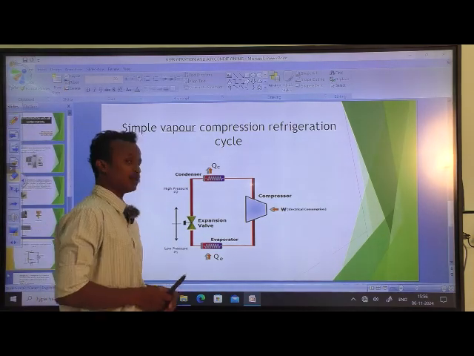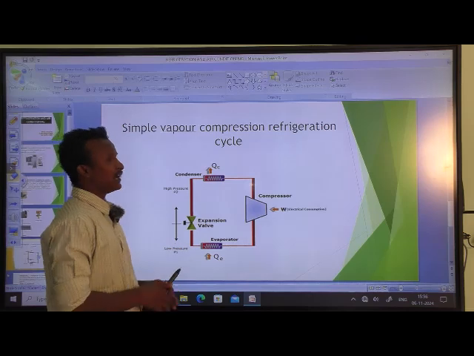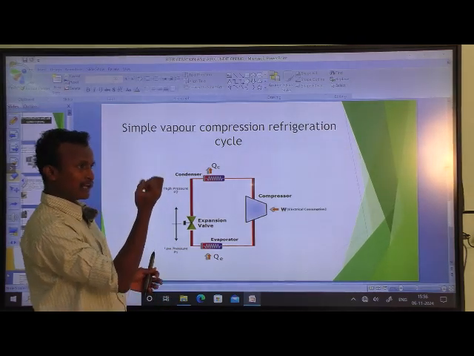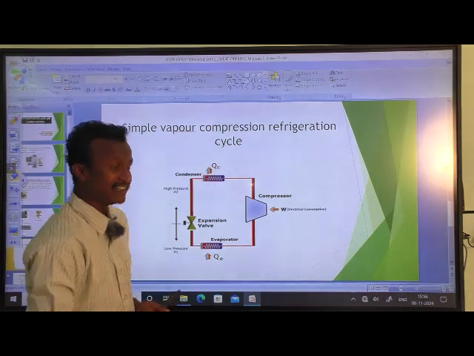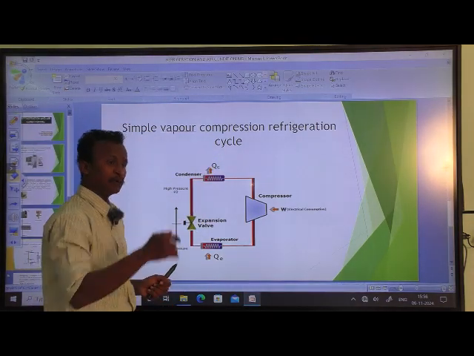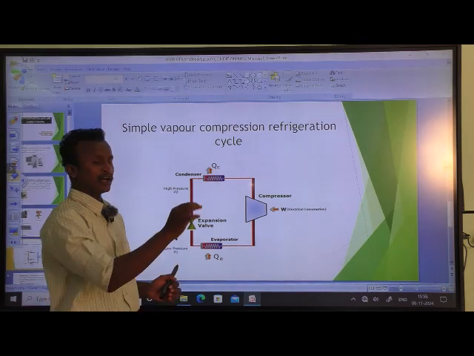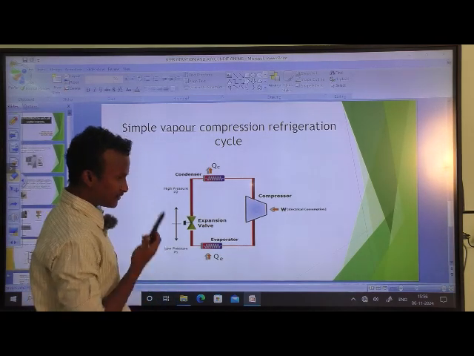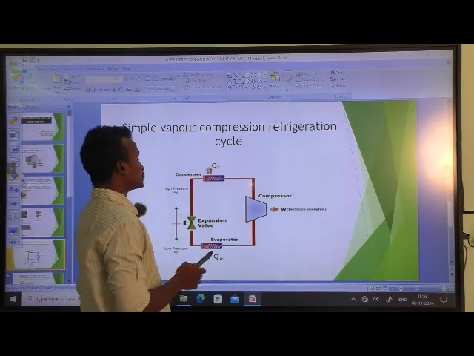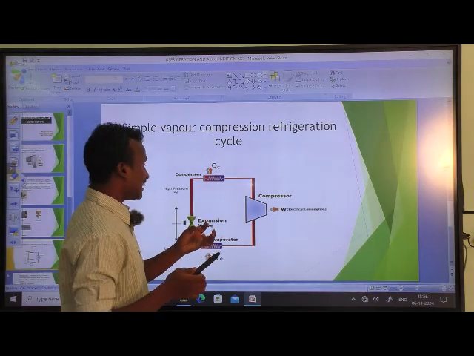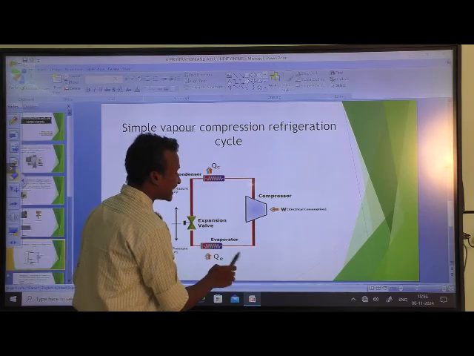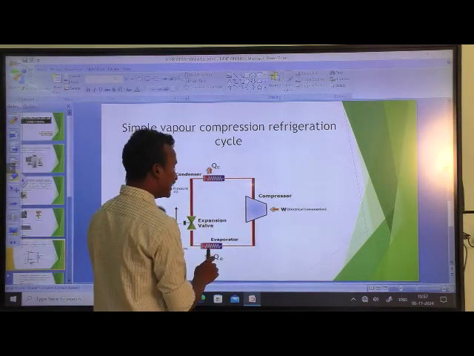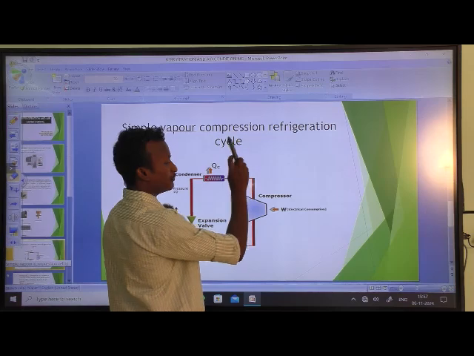In this case, what will happen, friends? The heat which was present inside the apple will flow to the refrigerant. Okay? So what will the refrigerant do? The refrigerant will take that amount of heat to the compressor.